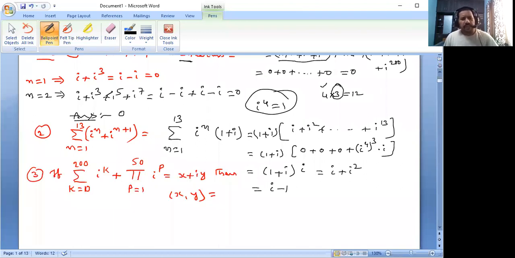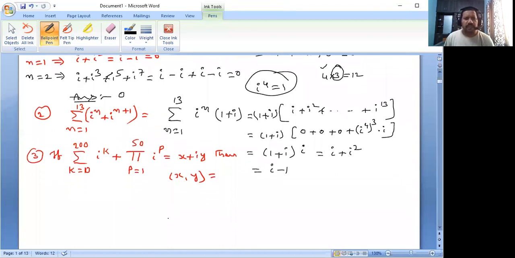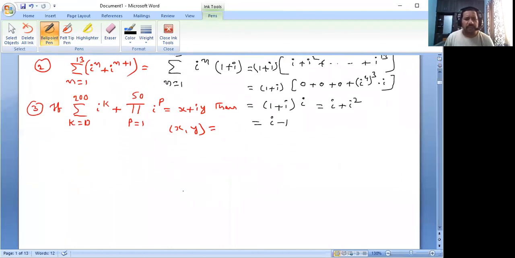If sigma k is equal to 0 to 200 i power k, plus the product, this is a multiplicative symbol, p is equal to 1 to 50 i power p, is equal to x plus iy, then what is x comma y? How to do this? Expand the sigma, substitute the limit.